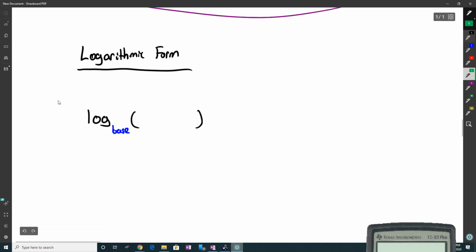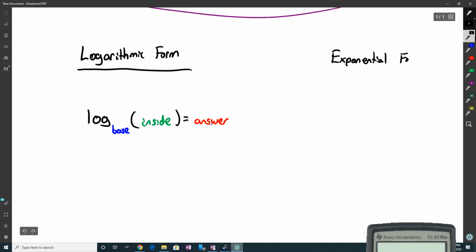We have the inside, and then it's equal to the answer. Okay? Log of a base, it's the same base as the last section. It has to be positive, it can't be 0 or 1. Of the inside equals the answer, and then we have the exponential form. All right? And now for an exponential form, the base is bigger.